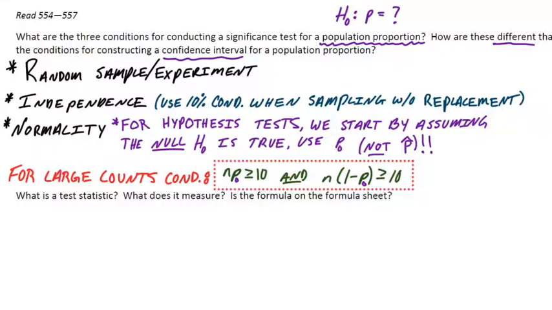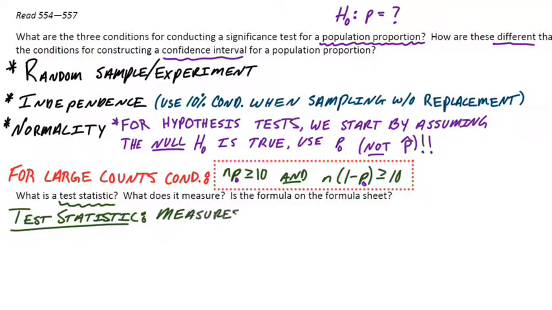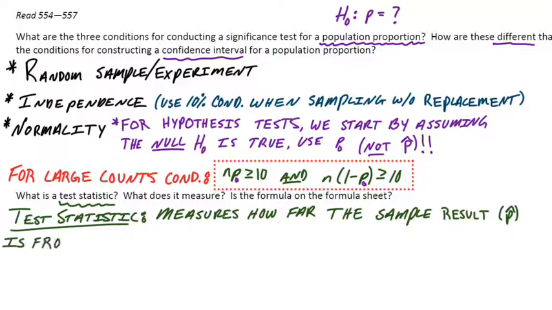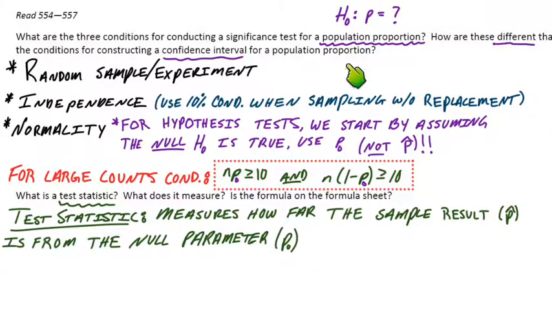Okay, and the next thing we need to talk about is a test statistic. So here's the definition. A test statistic measures how far the sample result, which is the sample data like p hat, so how far the sample result is from the null parameter, which is the p that we get from the null hypothesis.